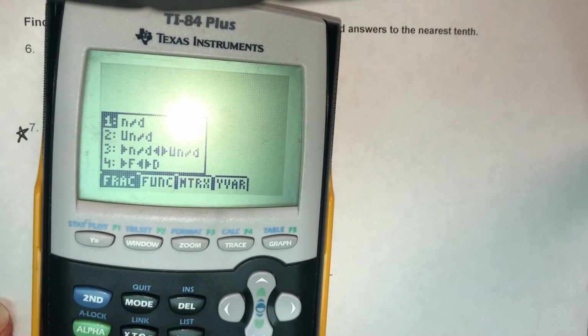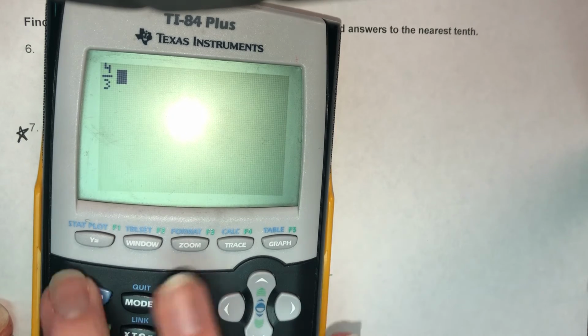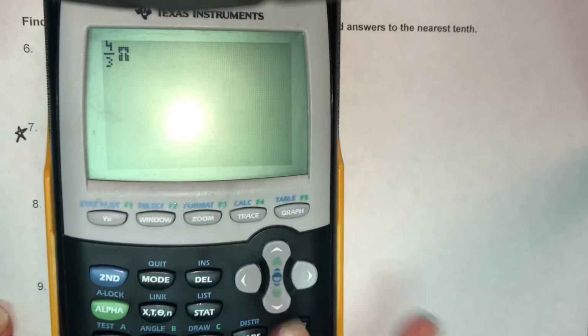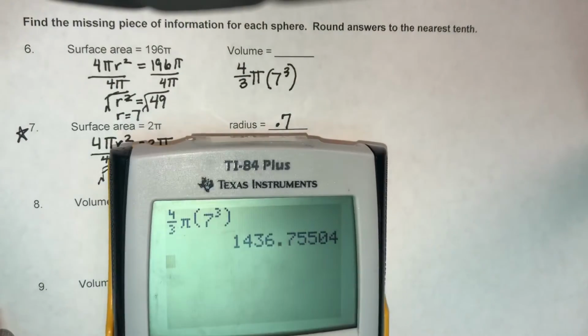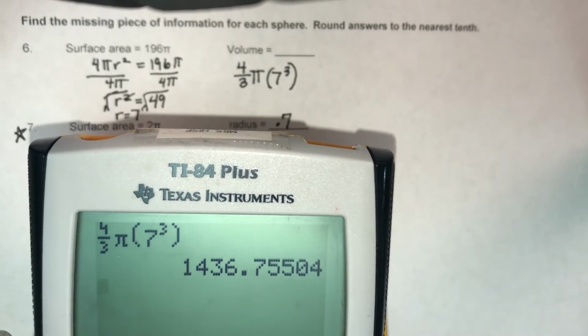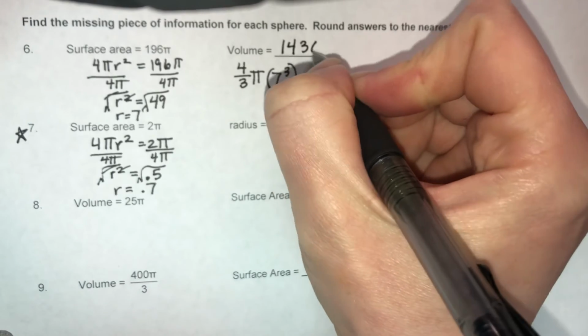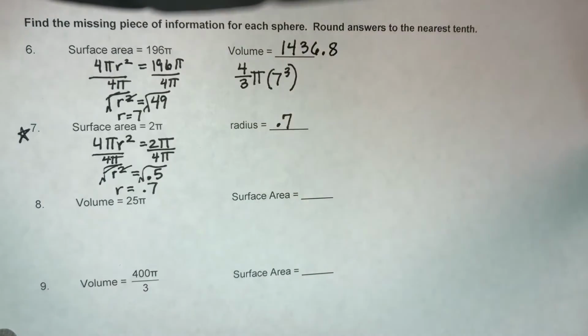Alpha Y equals 4/3 pi times 7 cubed. So that's 1,436.8. Okay?